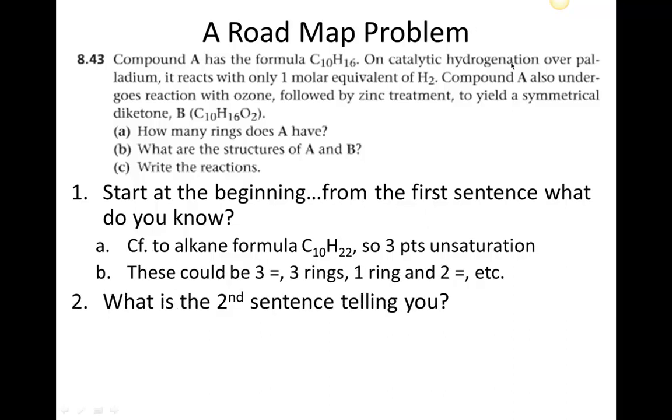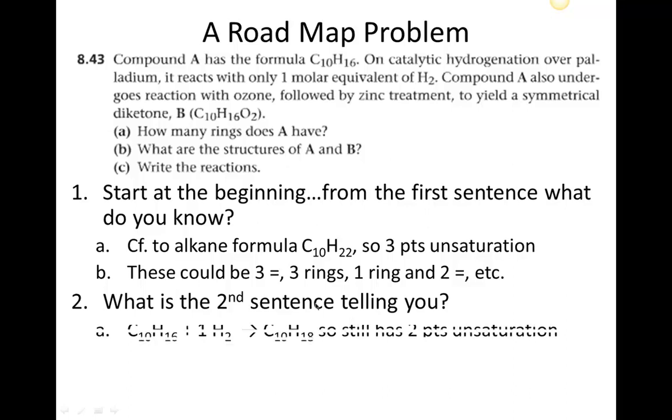Catalytic hydrogenation over palladium only reacts with 1 molar equivalent of hydrogen. What does that mean? It means that it is only going to change this formula by one pair of hydrogens. So we're going to go to C10H18. Again, if you go back to the alkane formula, the difference now is 4, so it still has 2 points of unsaturation.